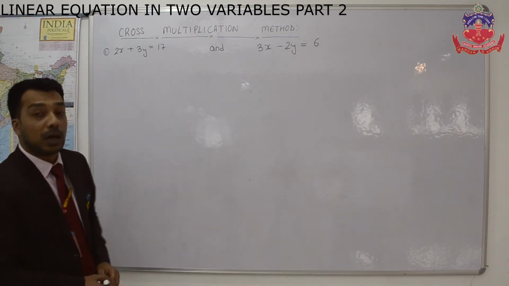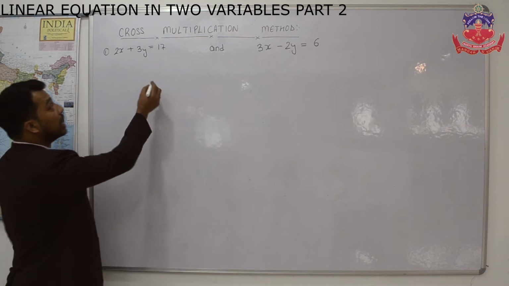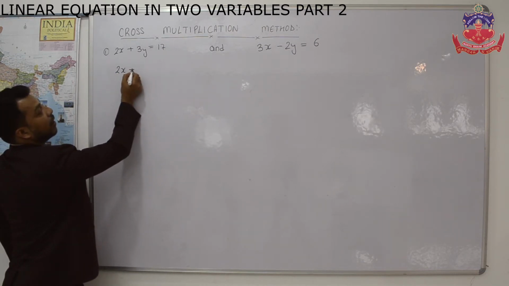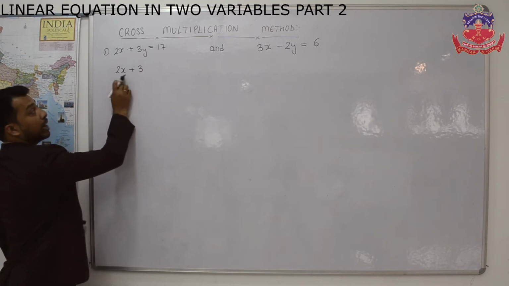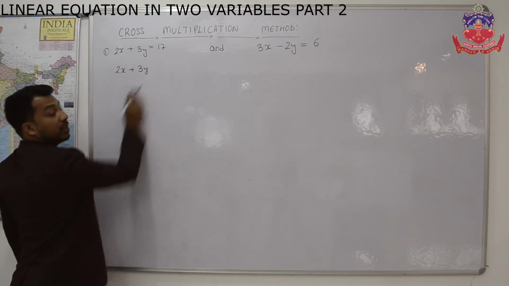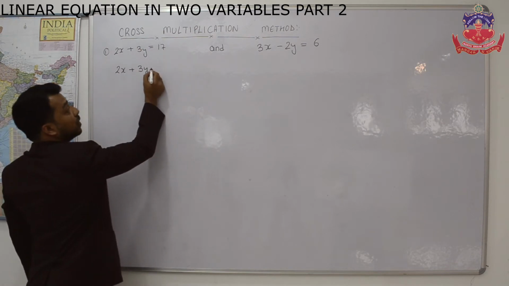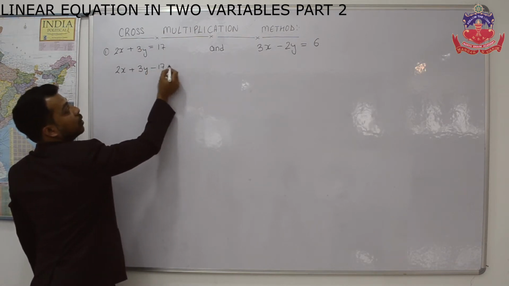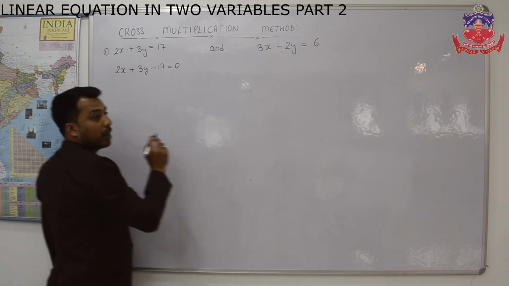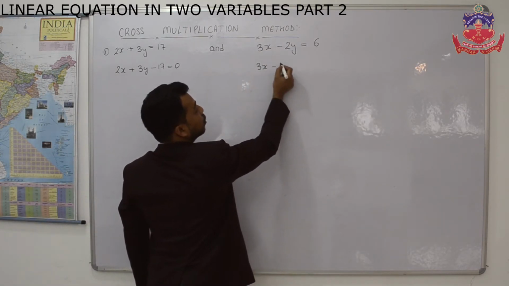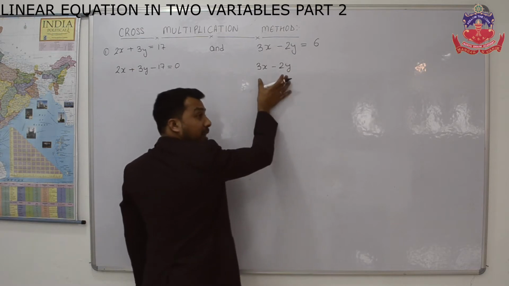For that, you have to take all the numbers along with the variables to the left hand side. For example, 2x plus 3y was already on the left hand side. So you will bring the 17 to the left hand side. So 17 will come this side as minus, so you have equals to 0. The second equation, 3x minus 2y, was already on the left hand side.